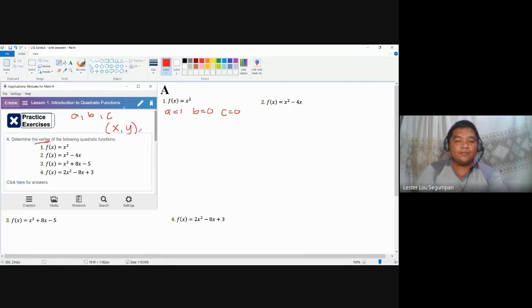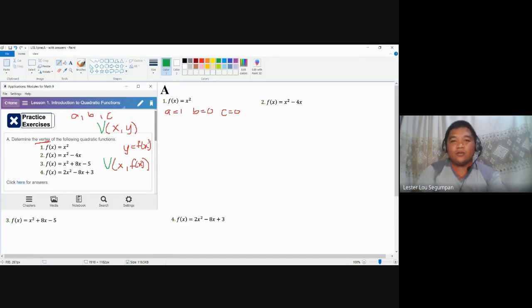Since we don't see any value for y here, it is actually your expression f of x. So the other coordinate of the vertex is f of x. Other references will write v, meaning this is the vertex of the given function.